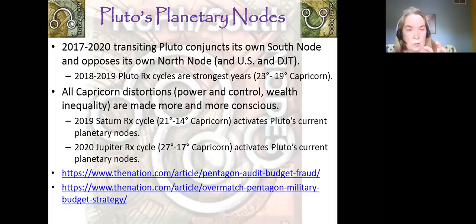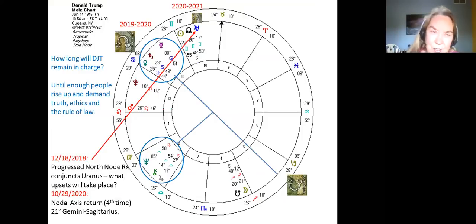But this also, again, just bringing this point home one more. All the transiting planets in Capricorn, the nodal axis transit in Cancer-Capricorn of the moon, they're activating Pluto's nodes left and right in the sky, in addition to these charts, in addition to our own charts. Here's Donald Trump's chart.